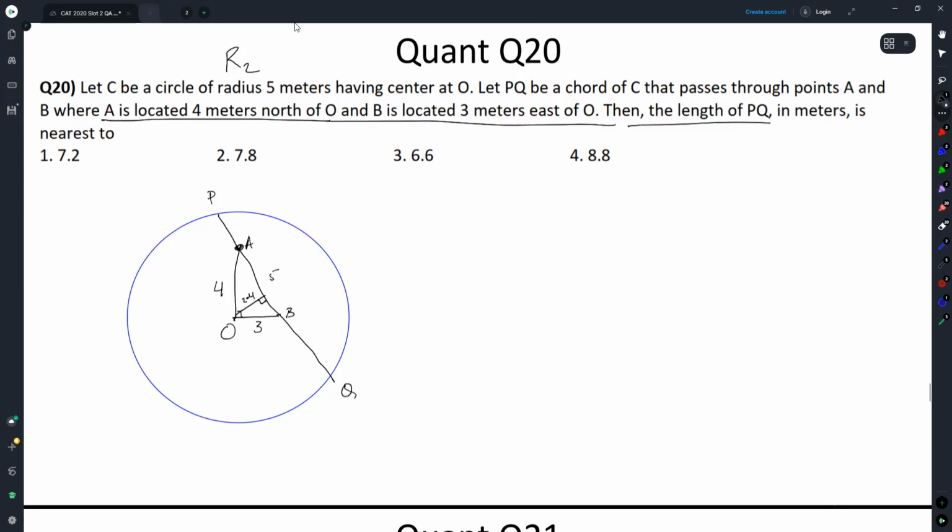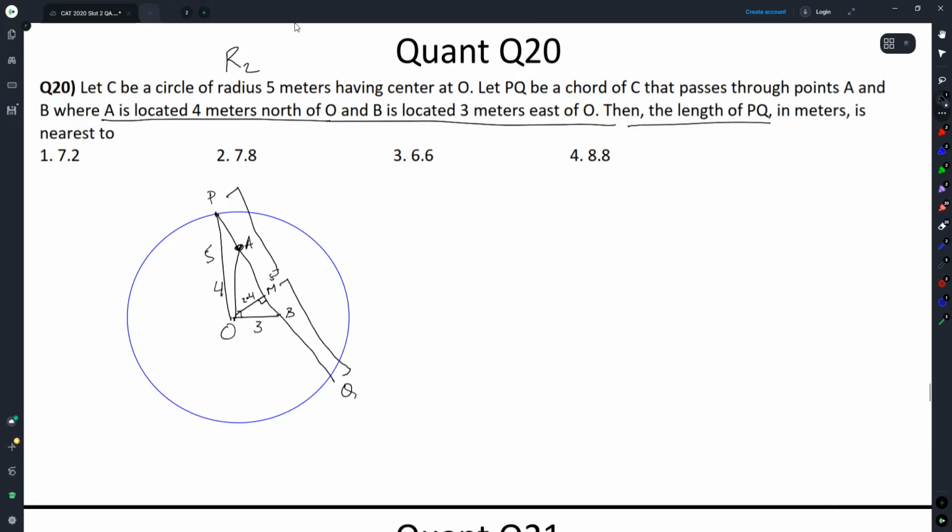The perpendicular from O to AB will be 2.4. Let's call this point N. And now PM and MQ will be equal. So all I have to do is join this line.